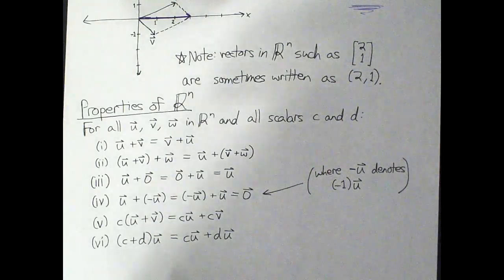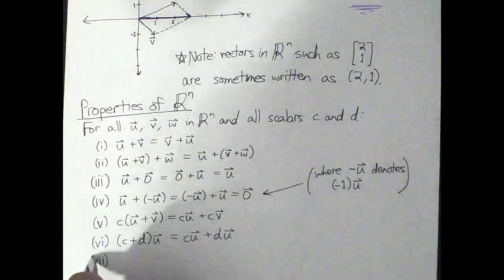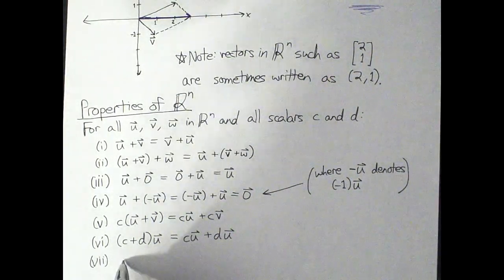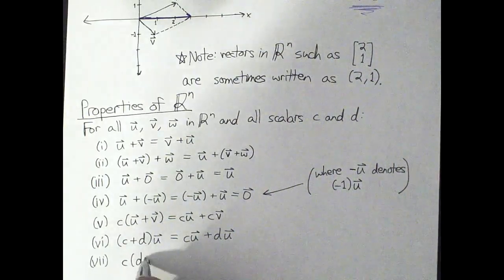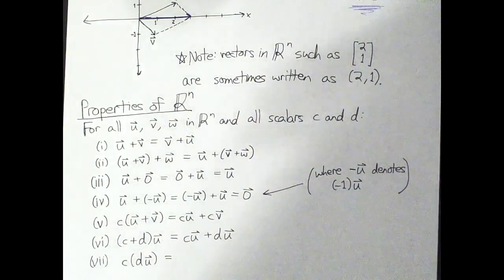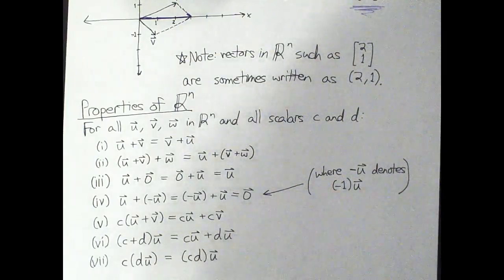I think on this list we have two more to go. Property 7. This is going to have scalar c times scalar d times u, and this property says that that is equal to cd times u.